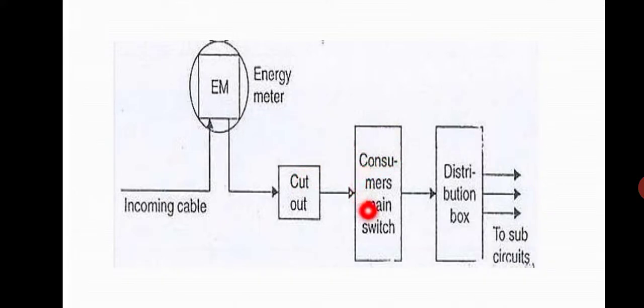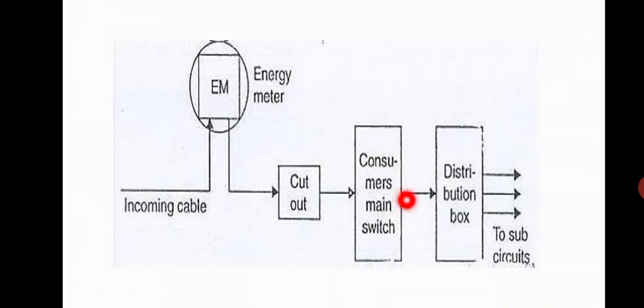The consumer will have authority only over the consumer main switch inside, which we call the DPIC switch, that is double pole ironclad switch for single phase and triple pole ironclad switch for three phase. Then this will be supplied to your distribution box.